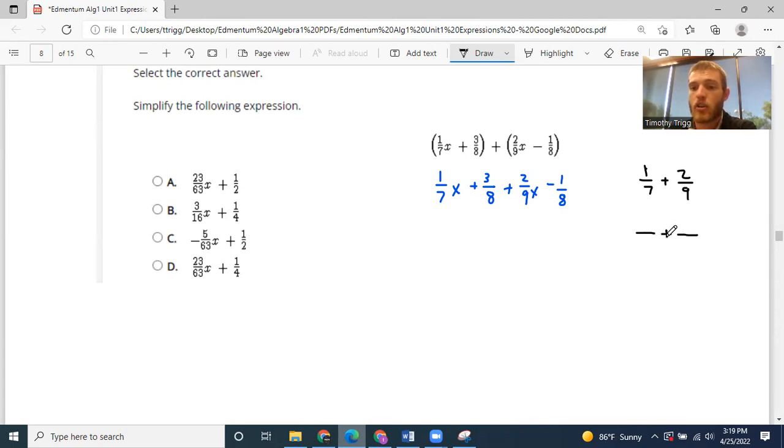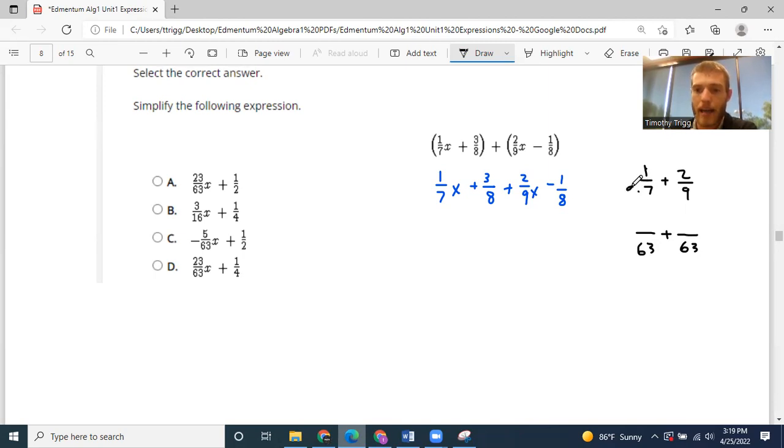In this case, our common denominator is 63. I'm just multiplying the 7 times 9 to get 63. A lot of times you could always multiply the denominators to find a common denominator. It's not always the smallest one. You may have to reduce it. But in this case, it is the lowest common denominator.